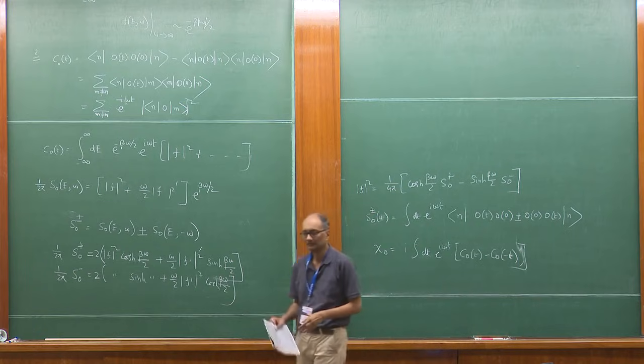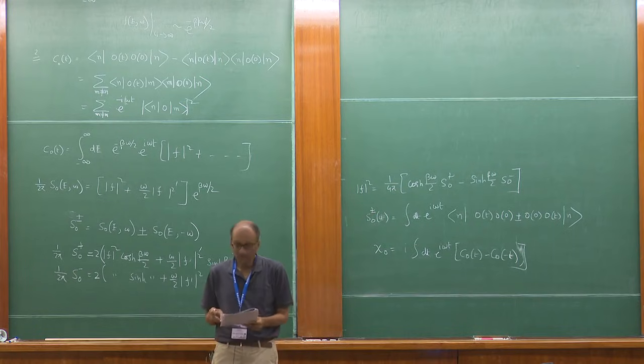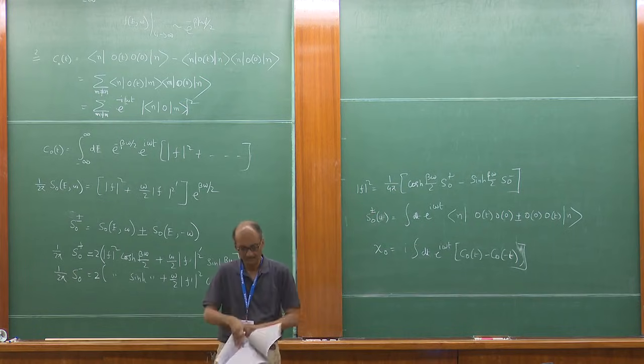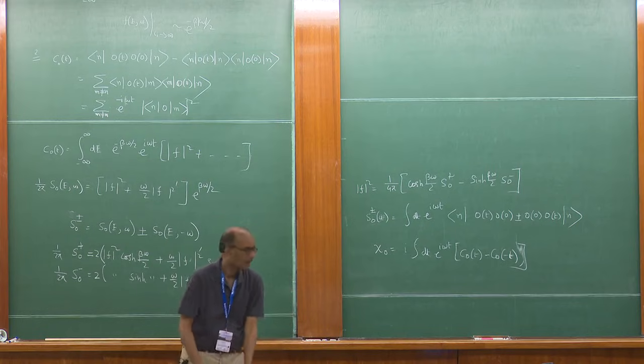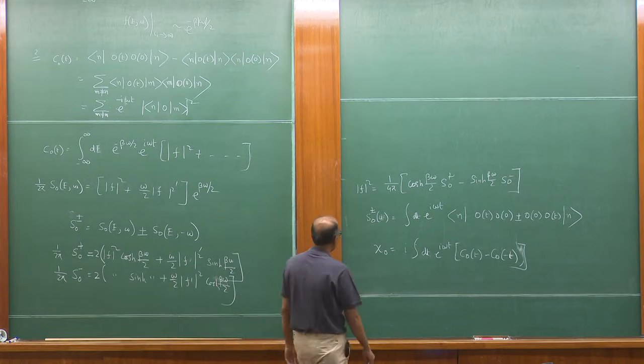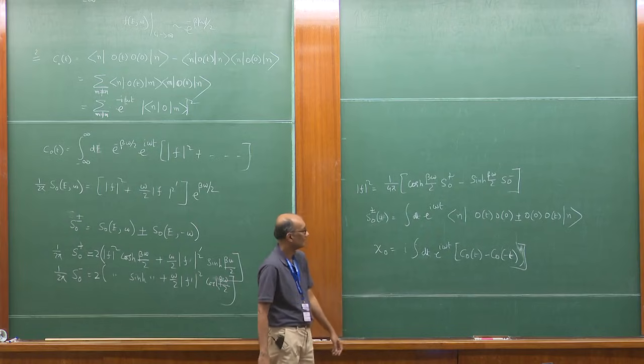Okay. I'm just writing it with I because we'll take proper imaginary and real parts later. Okay, so this is chi naught of omega.